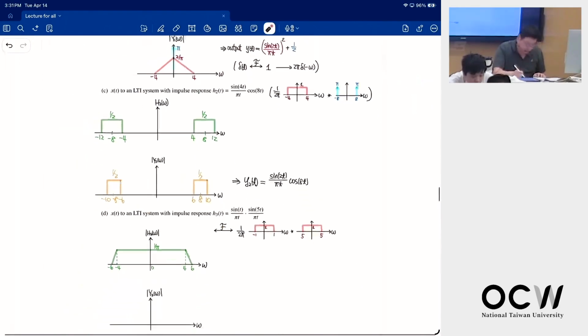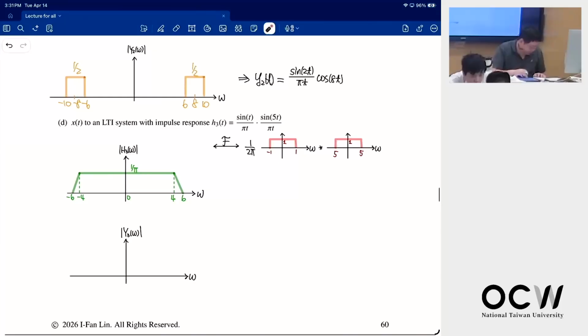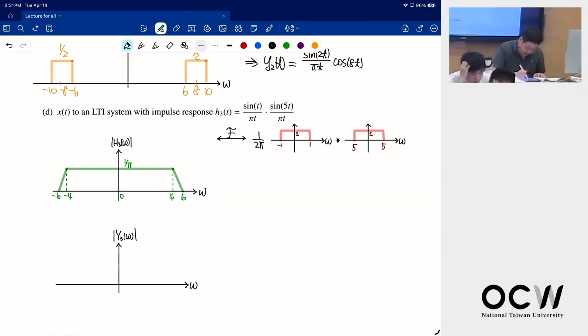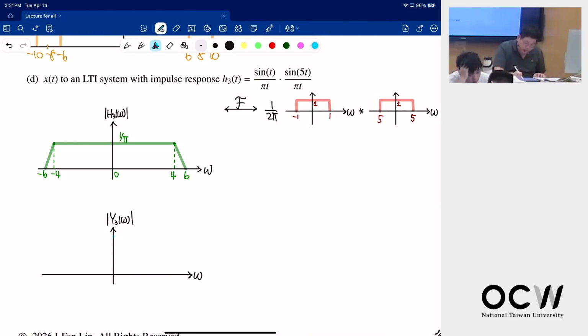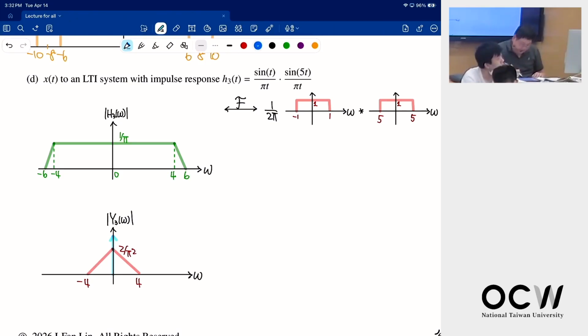Okay, so y3 is just like y1. F1 and also the red one. So it's from -4 to 4. Here's 2 divided by pi squared, and then the blue one is 1.